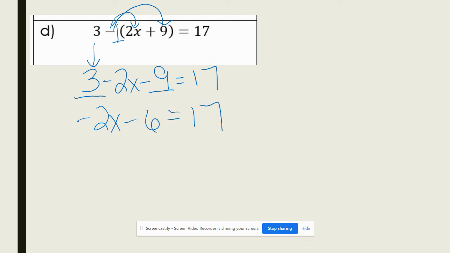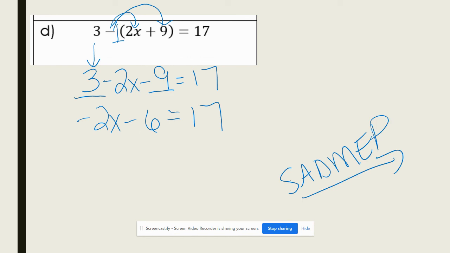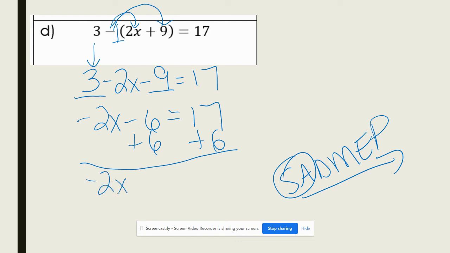Now we can do our backwards order of operations, SADMEP. Do we have any subtracting or adding? We do. We have a minus 6, so the opposite of subtracting 6 is to add 6 to both sides. We have negative 2x, negative 6 plus 6 is 0, and 17 plus 6 is 23.